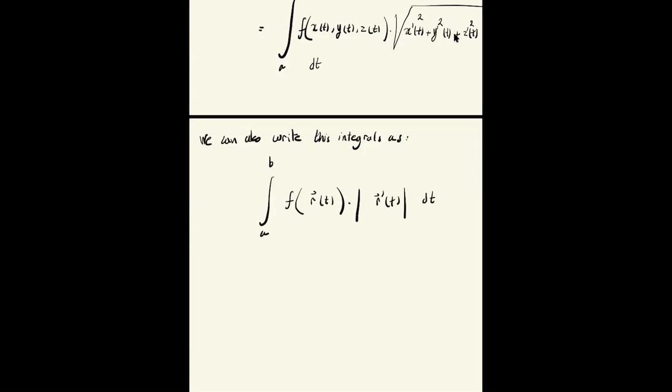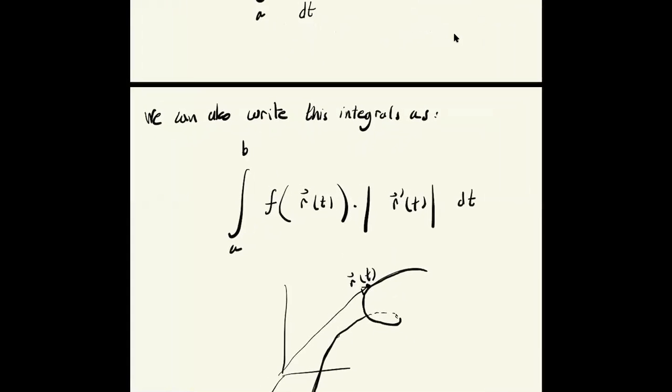Because the vector r is the one that gives you the line, the one that is going to follow the curve.